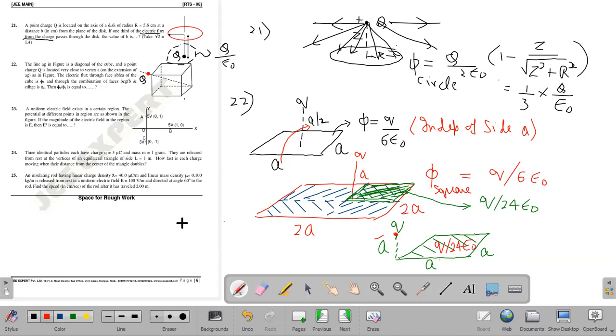For our cube, such square faces are, I am highlighting those square faces. This square face is an example. If you focus on this square face in a separate diagram, this is a square face of side a by a, and that charge which is given in this problem is at a distance from the corner of this square face.